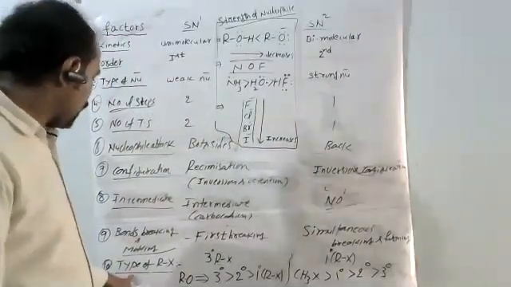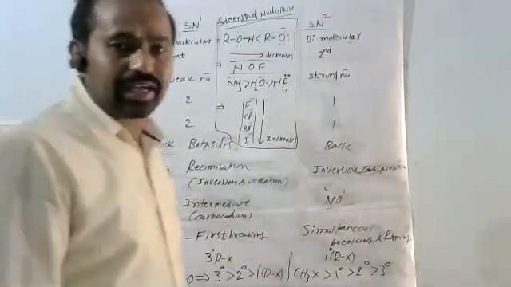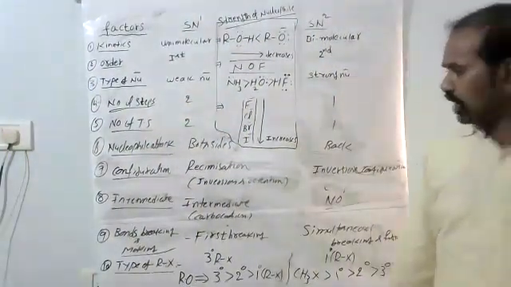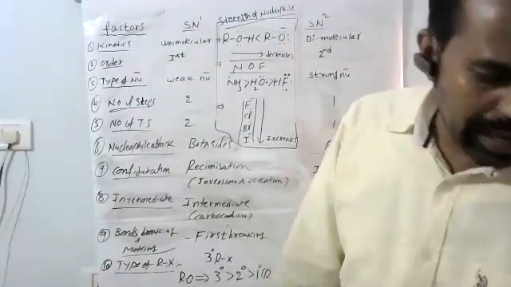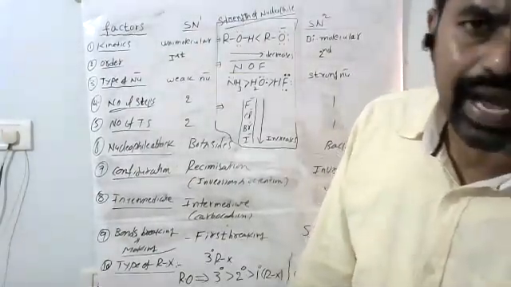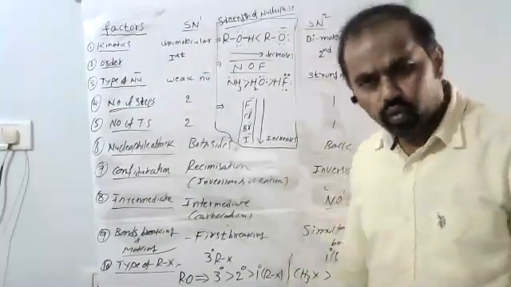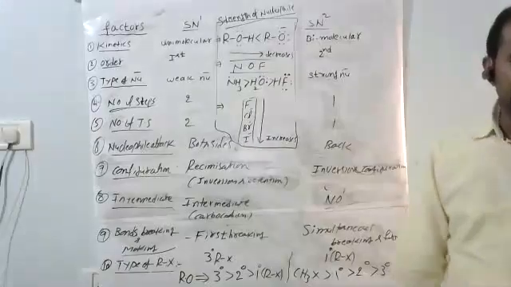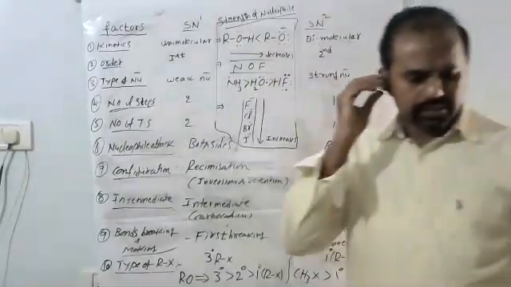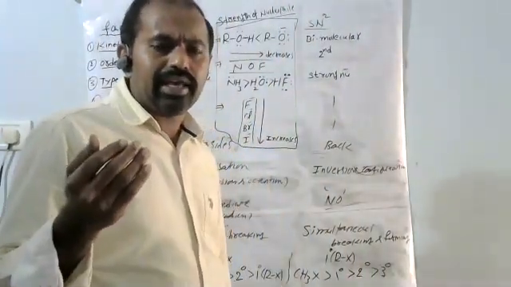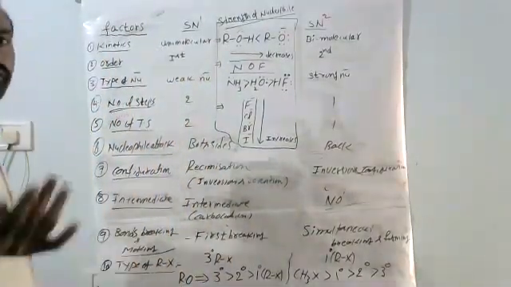Now, the last important one: type of alkyl halide. Alkyl halides are of three types: primary, secondary, and tertiary, that is, 1 degree, 2 degree, 3 degree. The alkyl halide is nothing but the substrate. Sometimes they will ask the type of alkyl halide or nature of substrate.